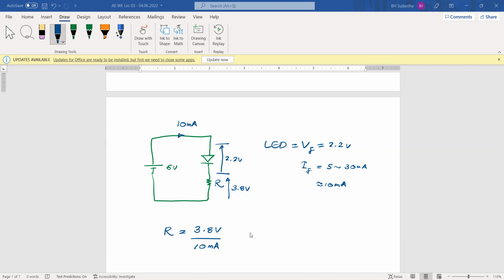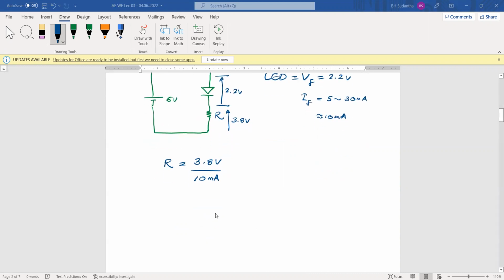Then we divide the 3.8 volts, converting 10 milliamps into 0.01 amperes, and get 3,800 ohms.